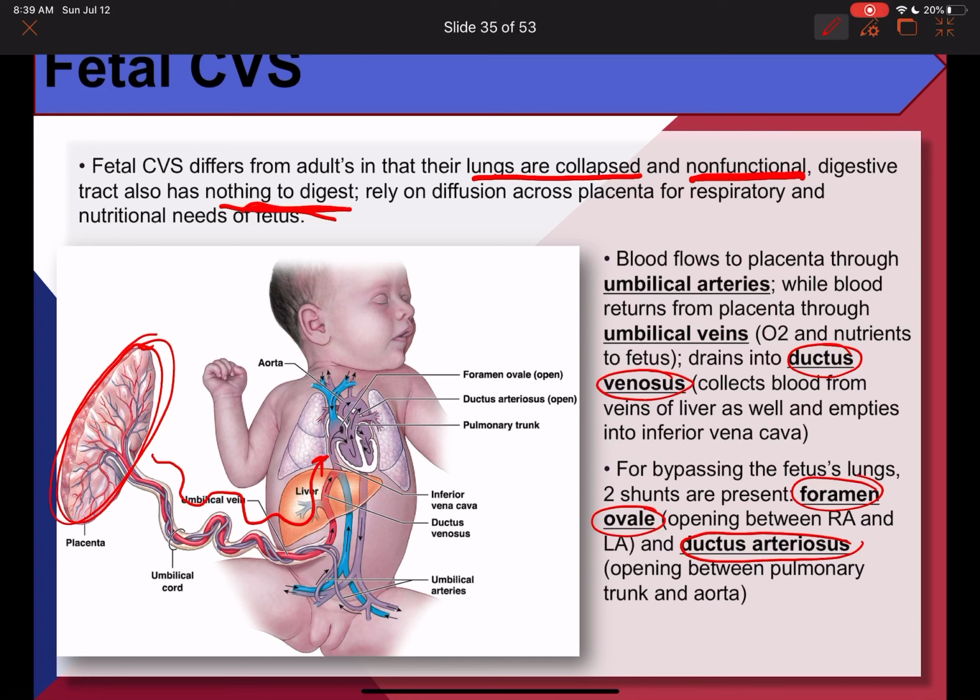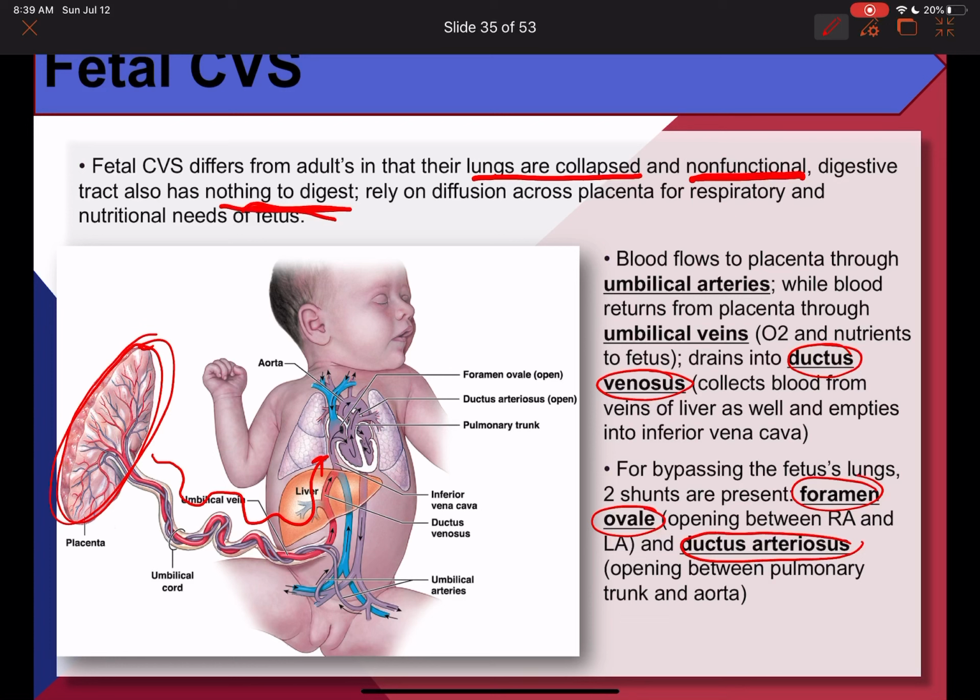Blood will then drain back towards the placenta once it becomes deoxygenated, and go back into the umbilical arteries, moving away from the baby's heart, back towards the placenta in this purple line right here, where carbon dioxide and waste material will be dropped off through the placenta.